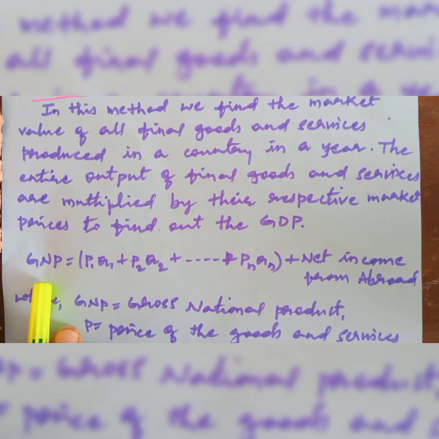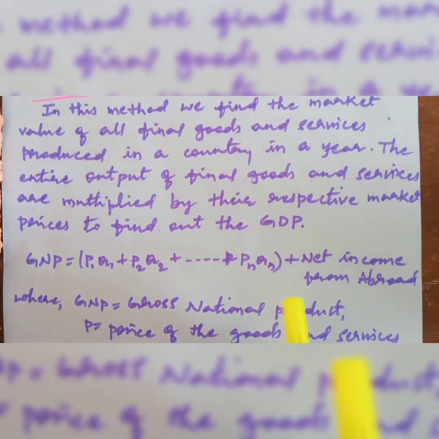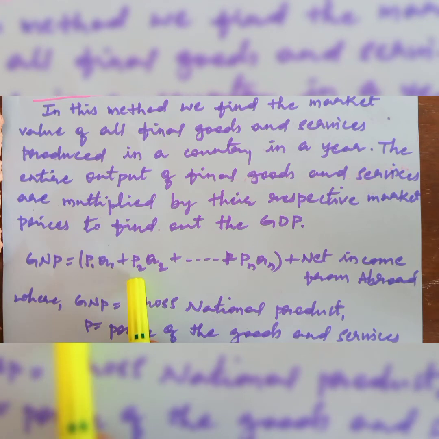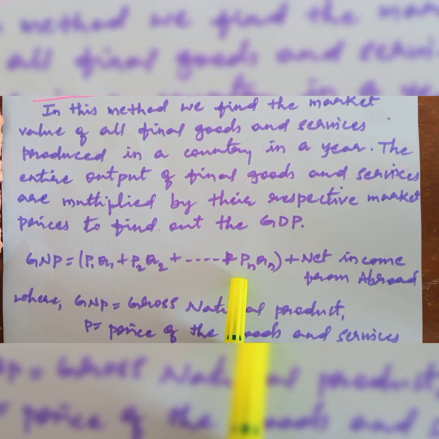Okay. So what is the formula? GNP is equal to P1Q1 plus P2Q2 plus P3Q3 plus P4Q4 plus and so on plus PnQn plus net income from abroad.